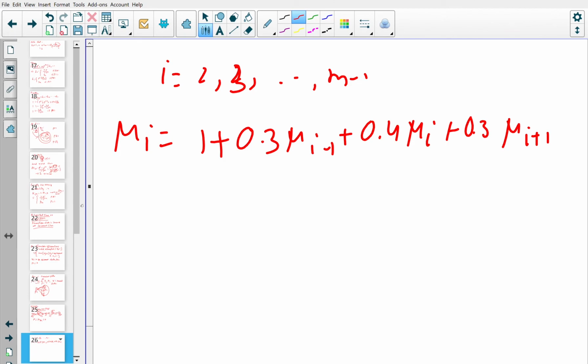Now you need to solve this kind of equation to find the answer. For example, if m is 2, 3, 5, or 6, some small number, then you will have that many equations and you can easily solve it.